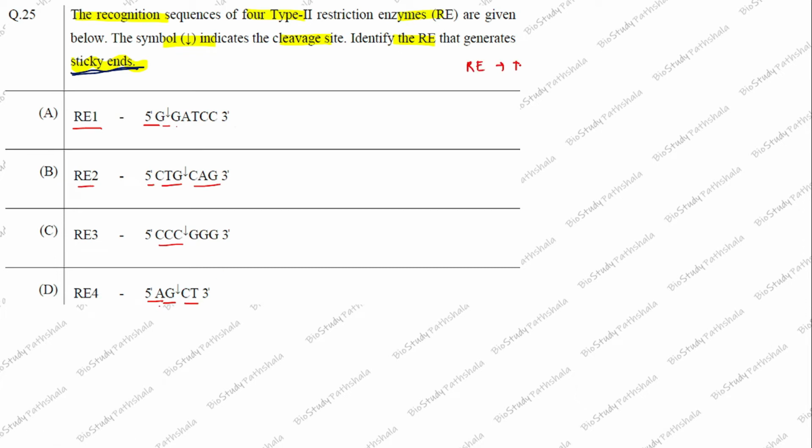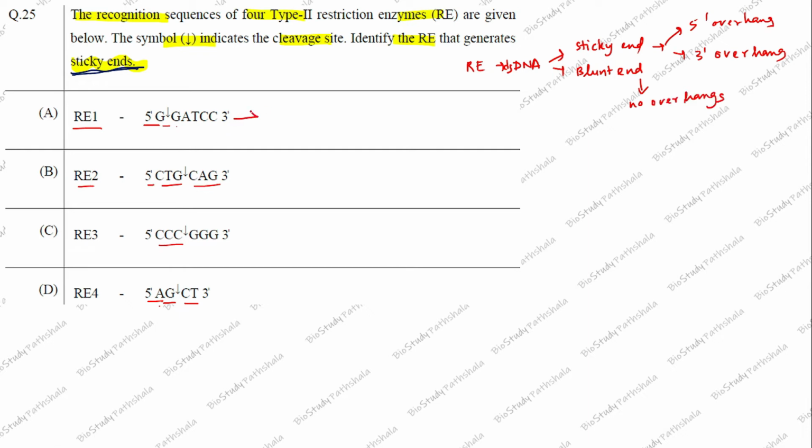Restriction enzymes cut DNA, that is double-stranded DNA, and produce either sticky end or blunt end. What does this mean? These sticky ends may be 5' overhang or 3' overhang, and blunt end where no overhangs are found. So no overhangs.